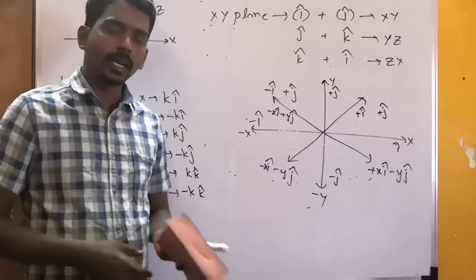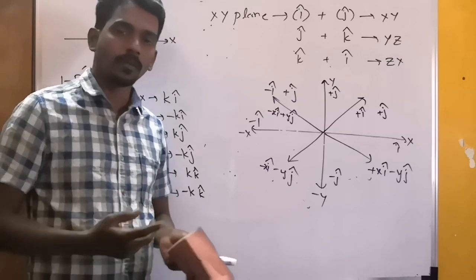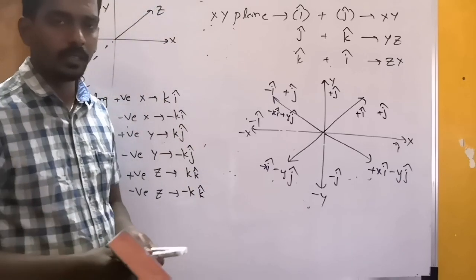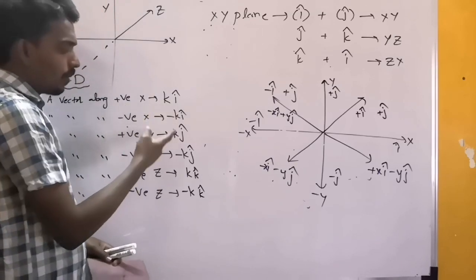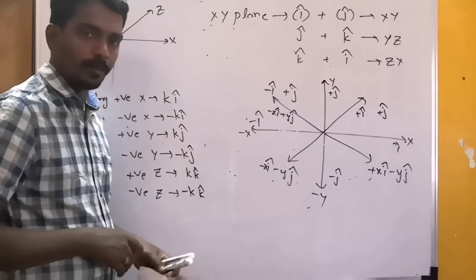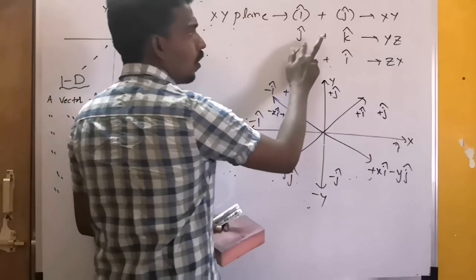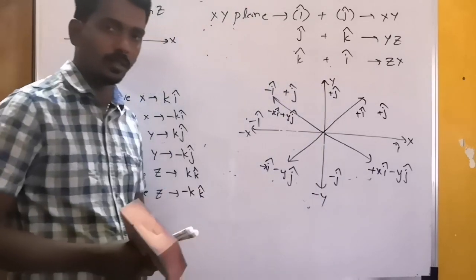And we have also categorized vectors as one dimensional, two dimensional, three dimensional. In one dimension only either i cap or j cap or k cap will come, but in two dimensions either an ij combination or a jk combination or a ki combination comes.